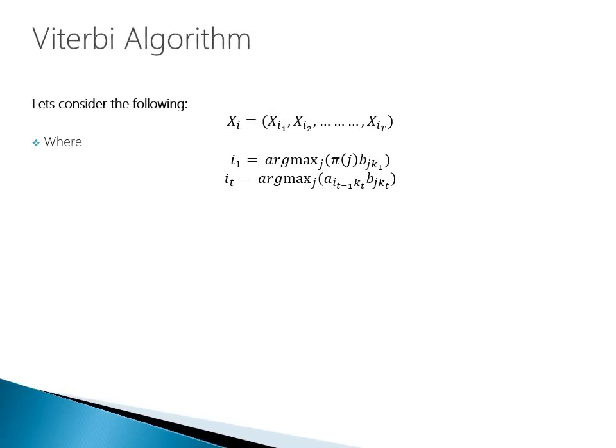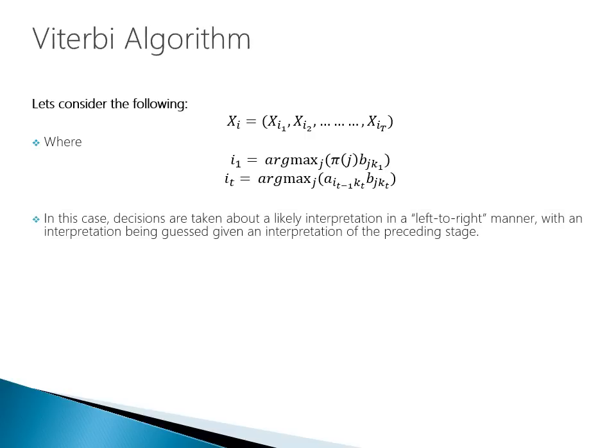So let's consider the following in this case. X is our hidden state, where we have the following assumptions held. In this case, decisions are taken about a likely interpretation in a left to right manner, with an interpretation being guessed given an interpretation of the preceding stage. So it's moving in sequence from left to right.